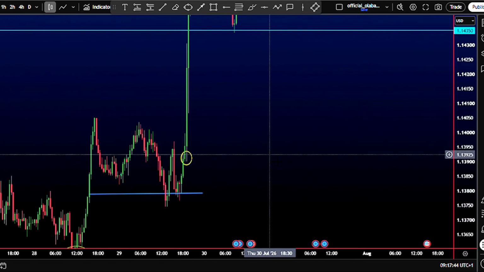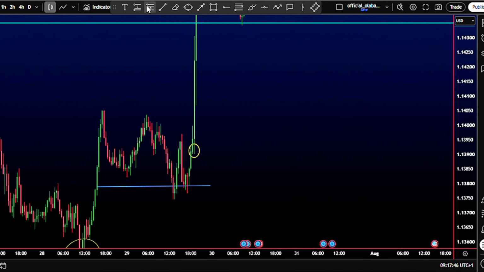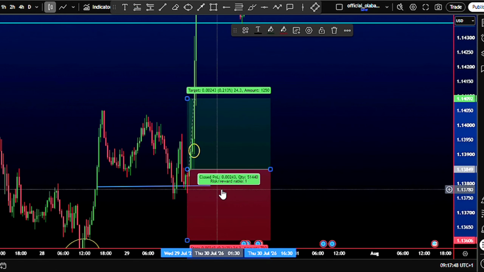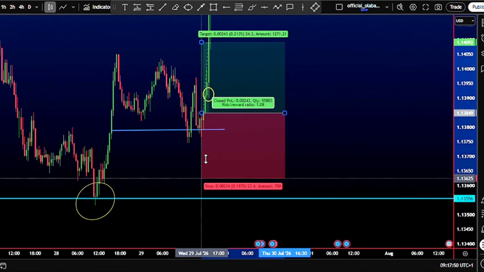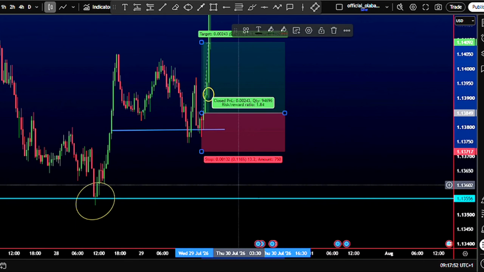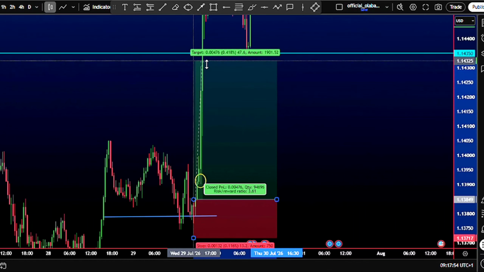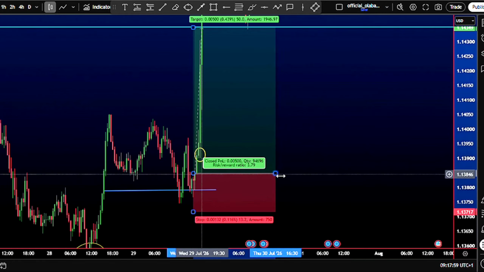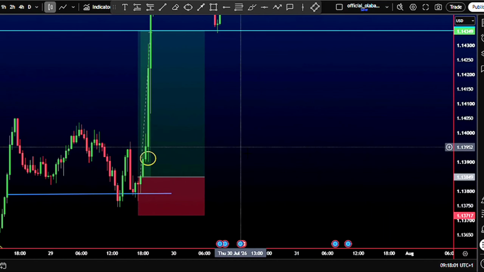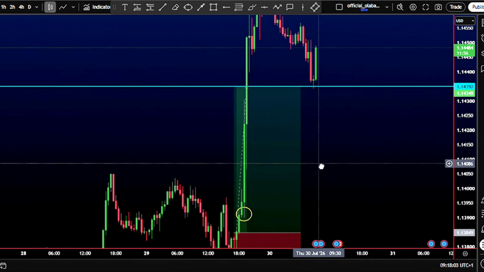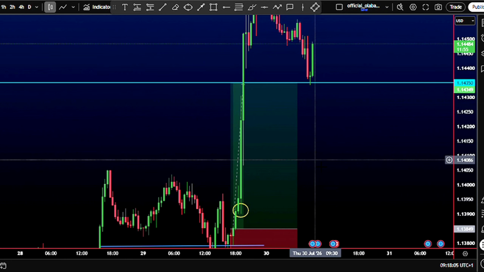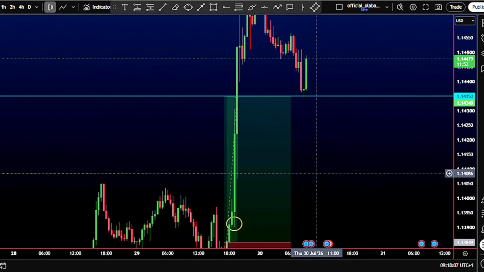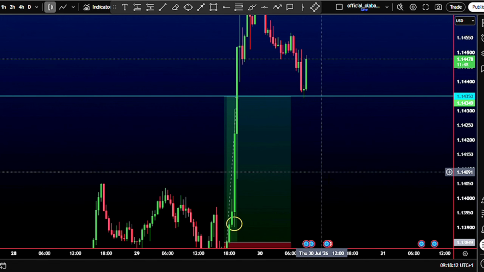So if you had entered from this, where the market was rejecting from, after I saw that bullish candle close, let's say that's your entry, right? You enter from there and this is your exit. That's where you would have been planning to jump out, because just because you think the market will give you 1 million pips doesn't mean you want to hold your full trade for a home run.